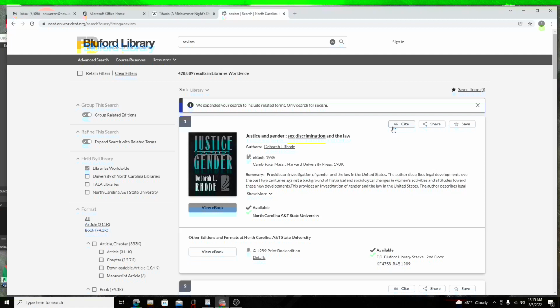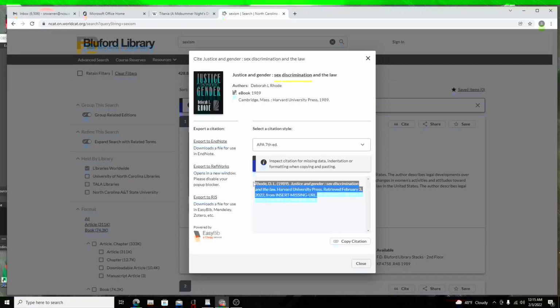Now, these citations are not 100% correct, but if you want to get a quick citation and then look it over, double check it through Purdue OWL or through your book, they are here for you. Just FYI, because if you copy this, it's missing the URL, so you would get points off. But it does get you the majority of the information you need, which can be very helpful and cut back on the time you're using.